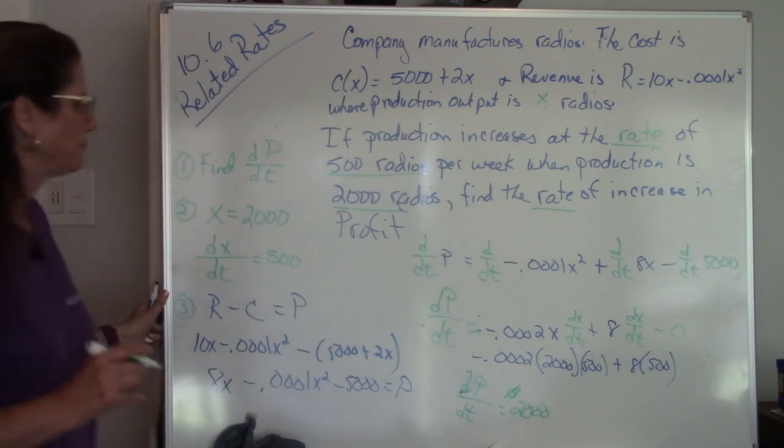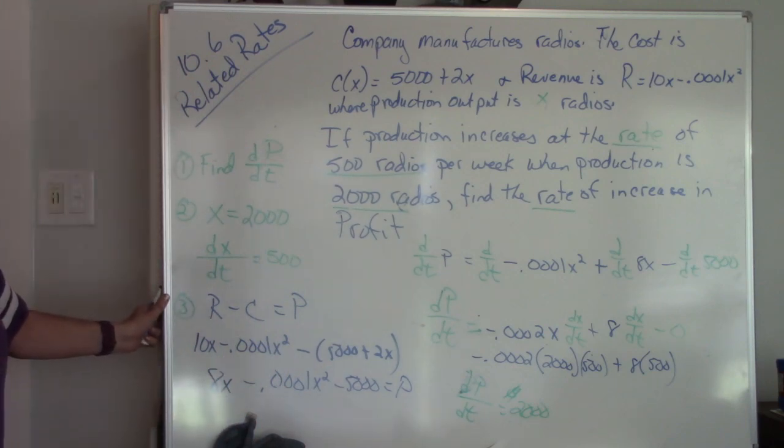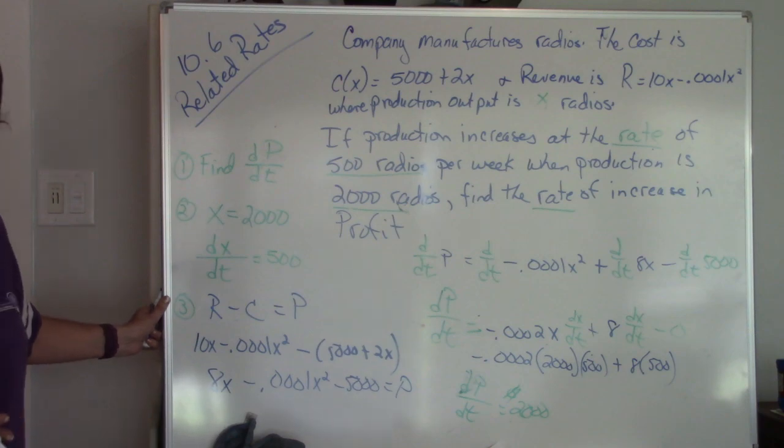So my profit increases at a rate of $2,000 when I produce 2,000 radios. And the rate that the production increases is 500 radios per week. So what we just did is we just combined implicit differentiation with finding related rates, how things are related. And that's it.